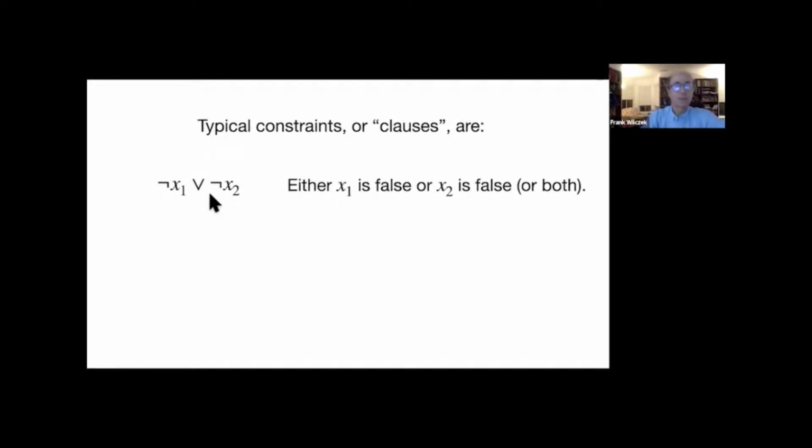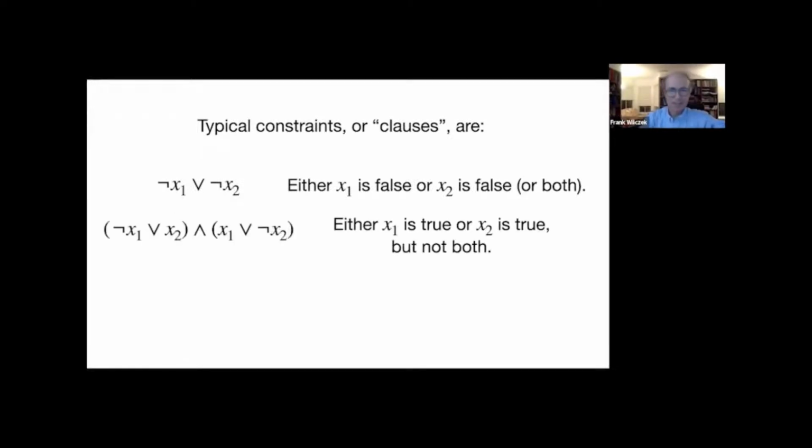I invite you to make examples of this kind of thing. I'll keep it abstract in the interest of saving time. Another clause is either x1 is true or x2 is true, but not both.